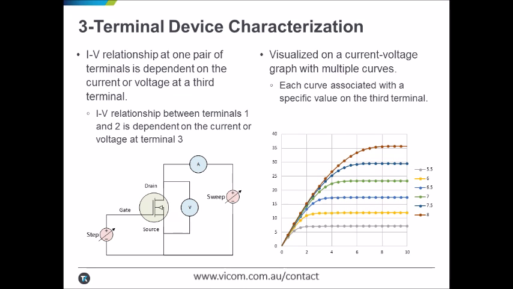For example, on a metal oxide field effect transistor, or MOSFET, the IV relationship between the drain and the source terminals is dependent on the voltage present on the gate terminal. This relationship is usually displayed on a more complex current voltage graph with multiple curves, commonly known as a family of curves, each one representing the IV relationship of the terminal pair at a different current or voltage value on the third terminal.